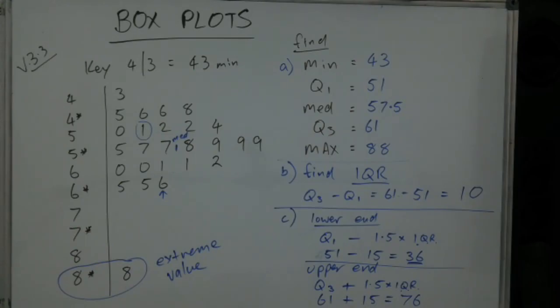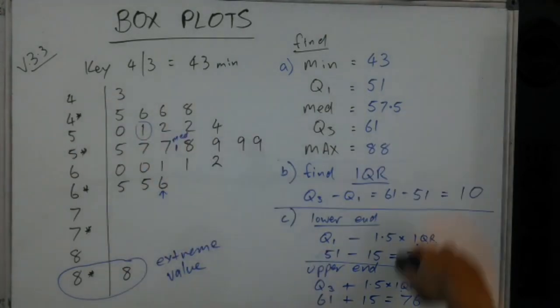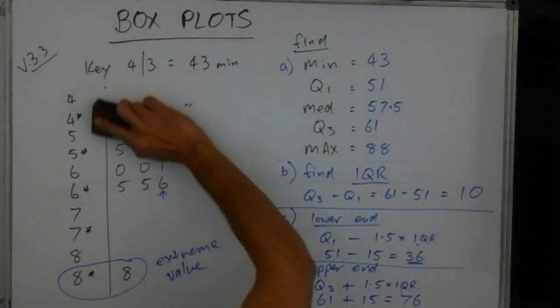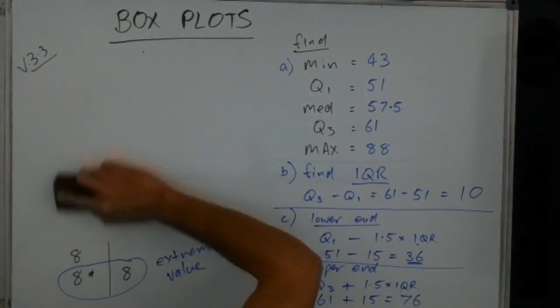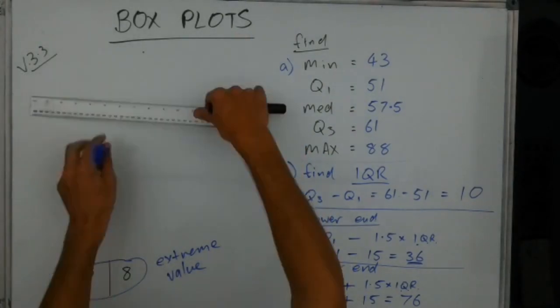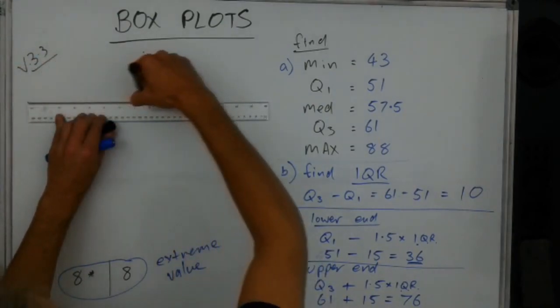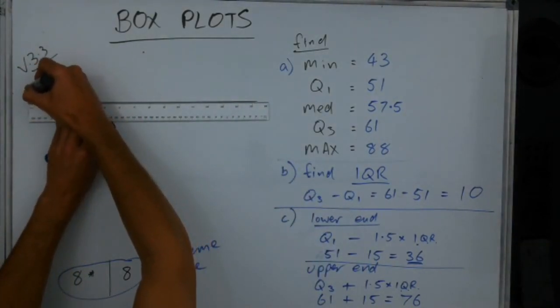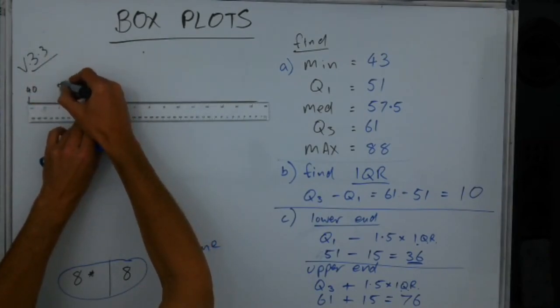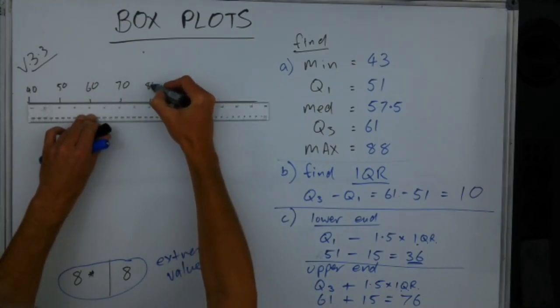Right, so what I will do is I'm going to rub out this bit. I'll leave those numbers because we need those for our scale, and we'll just leave that there so we don't forget. So our range goes from 43 to 88. So let's say we call that 40, 50, 60, 70, 80.